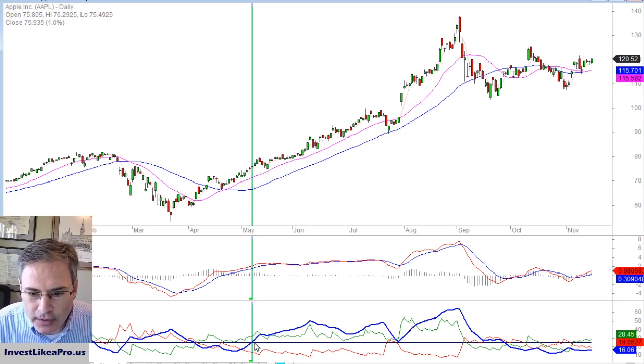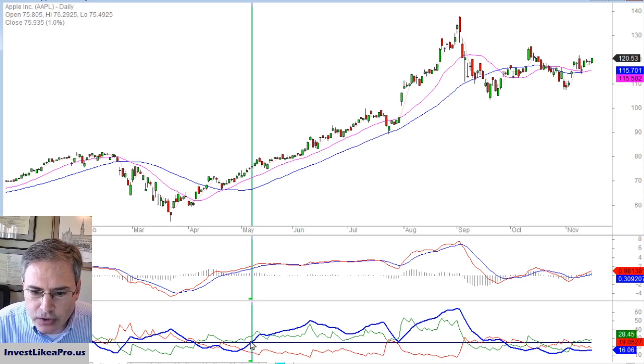So one of the things I really like to do is screen for ADX. I do screen for low ADX patterns, but it's also important to find all the stocks that are in a strong trend, where the ADX is above 25. If you want to use 30, that's fine too. The reason I use 25 is that I don't want to miss anything, and a lot of times after a big move, you'll come down to the 25 line and hold, just like this did here in July.